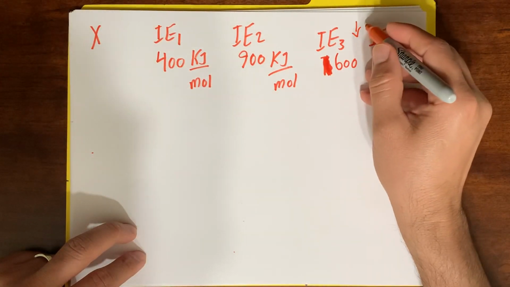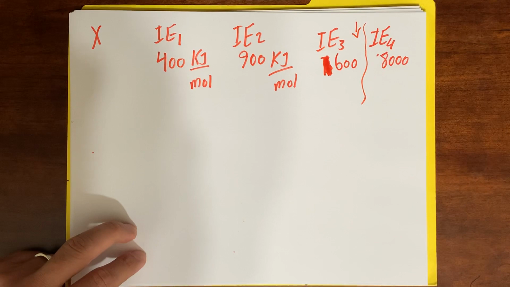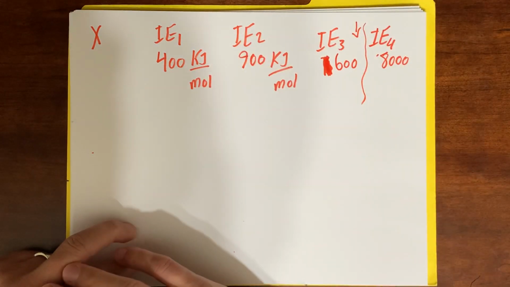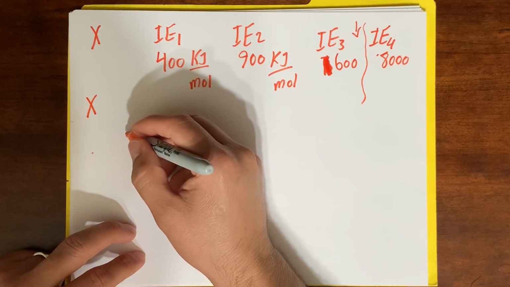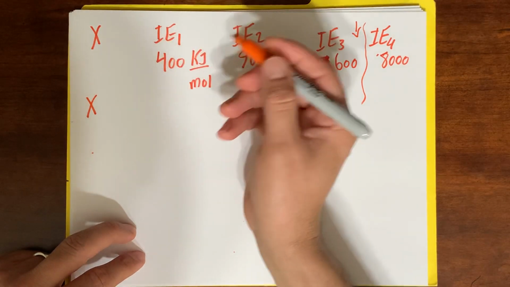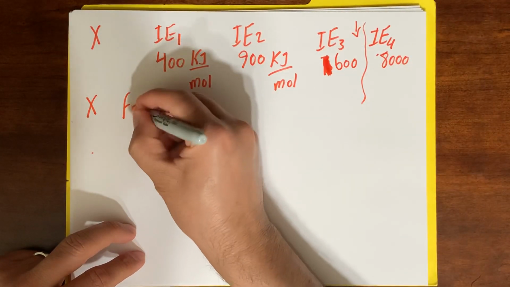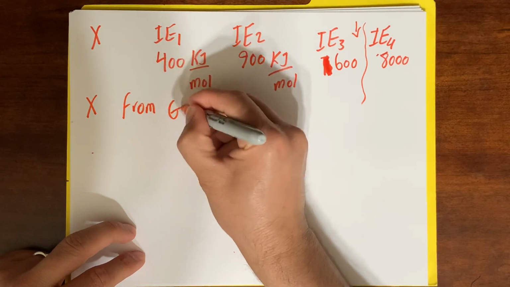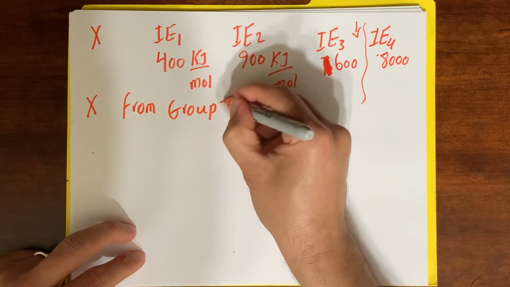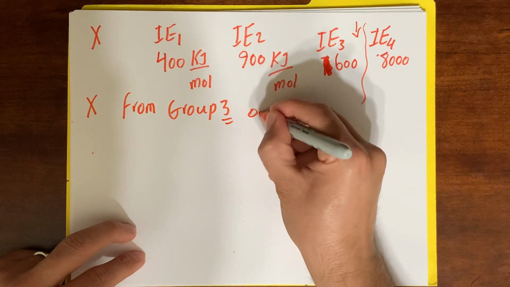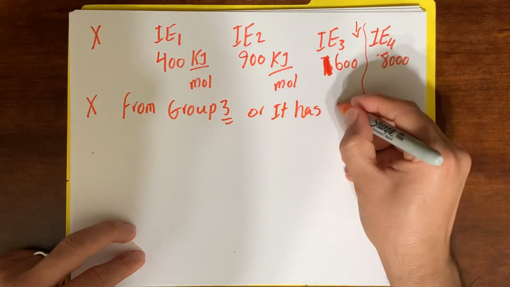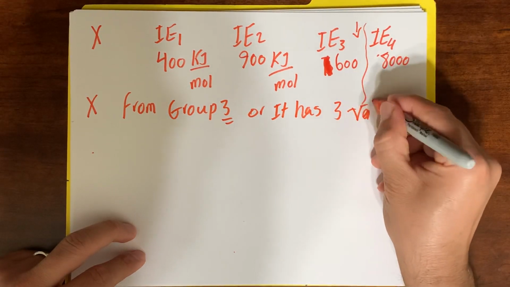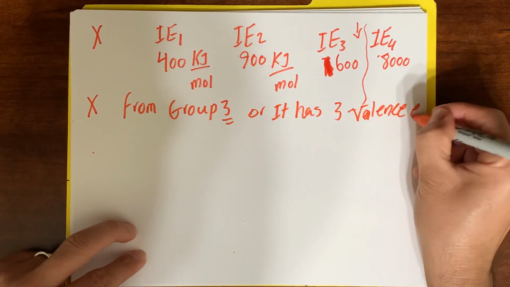So I'm going to separate the fourth one from the rest, and I'm going to say X is an element from group 3, or it has 3 valence electrons.